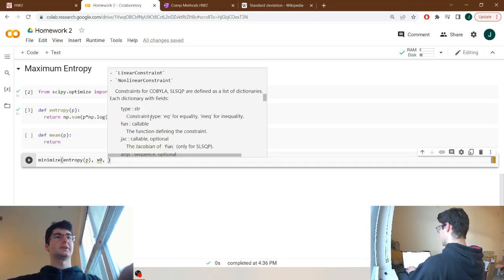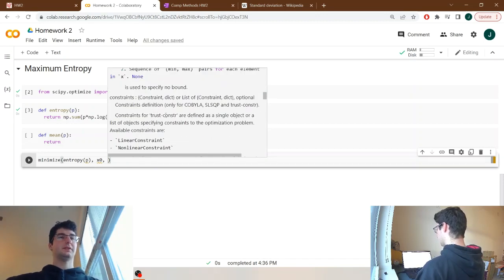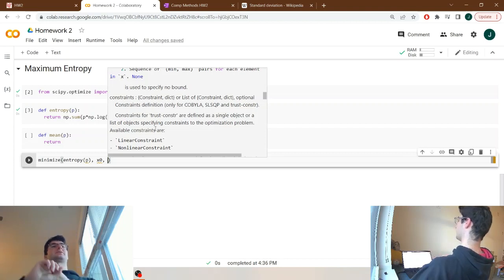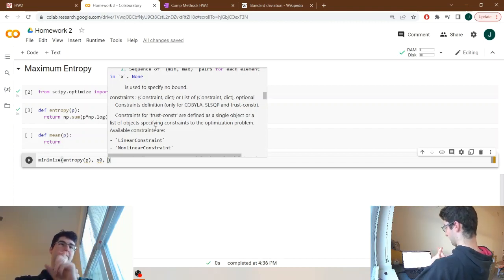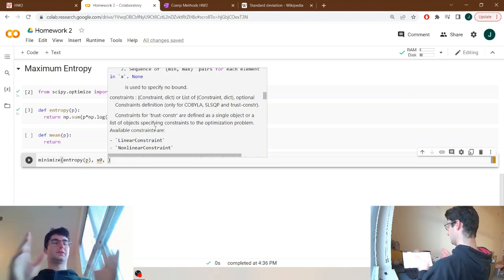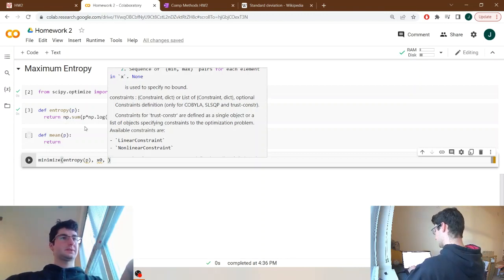Okay, so I see. So we're going to need to put in constraints in here. And those constraints are going to be that our mean is given, our standard deviation is given, and that the sum of all the probabilities has to equal 1. So those are our three constraints that we're going to be looking for.